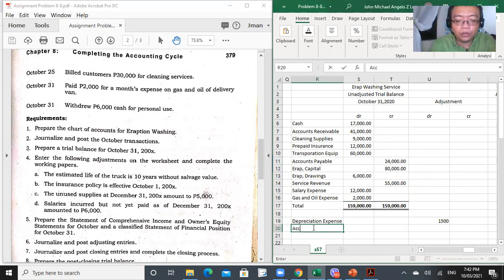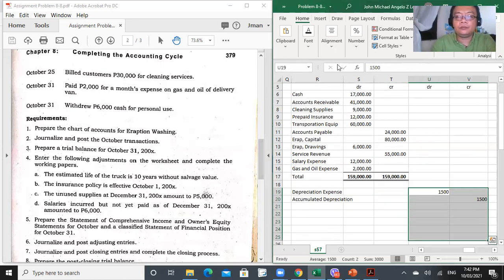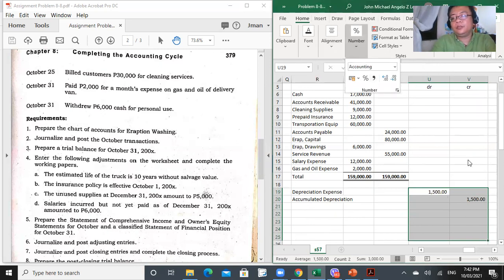And we also put accumulated depreciation of 1,500.